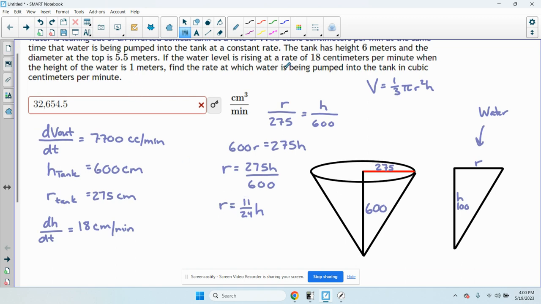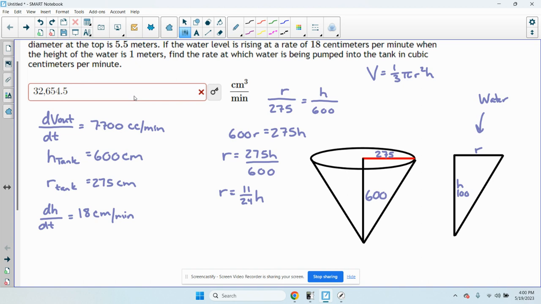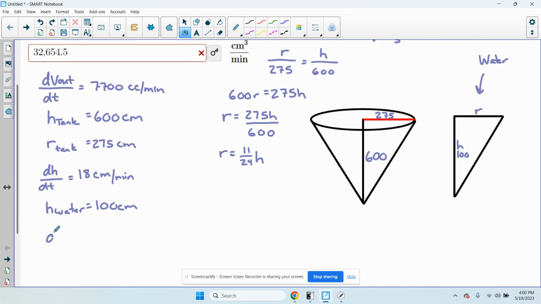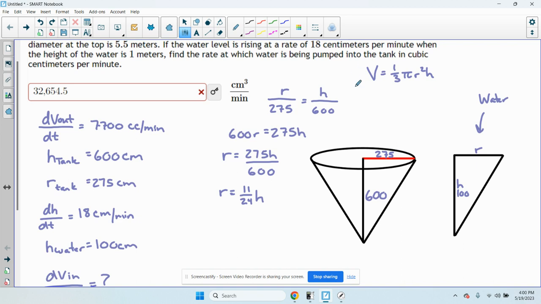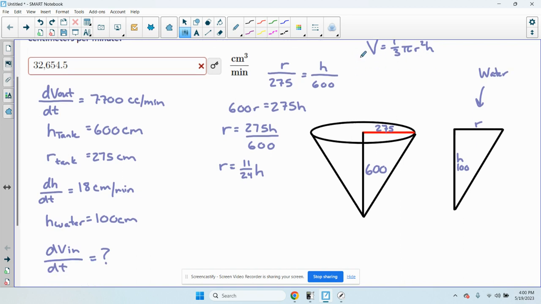Okay, when the height of the water is 100 centimeters, so we'll say height of water is 100. And we're looking for the rate at which the water is being pumped into the tank. We're looking for dV in over dt. Okay, so I'm going to take my formula for volume of a cone, and I'm going to replace R with 11 H over 24.